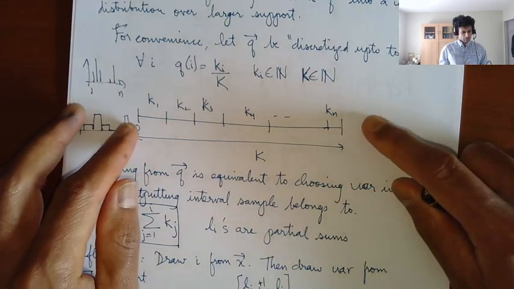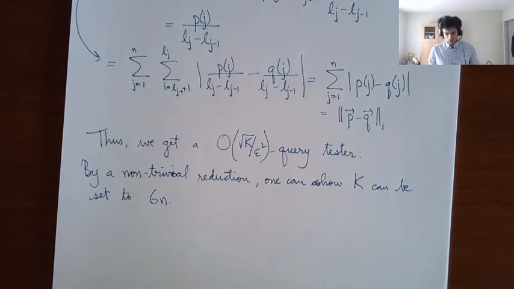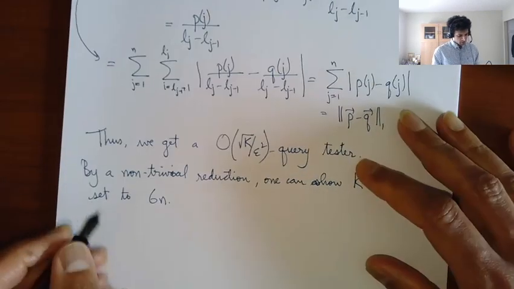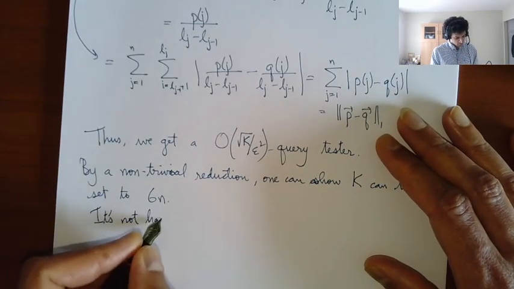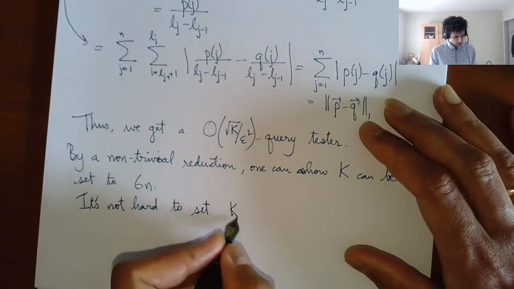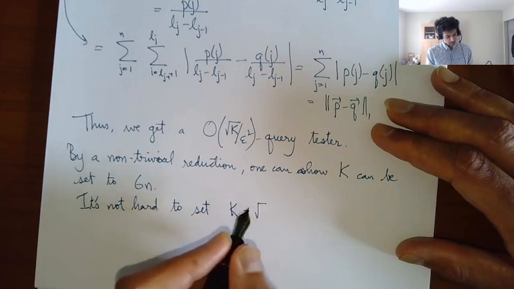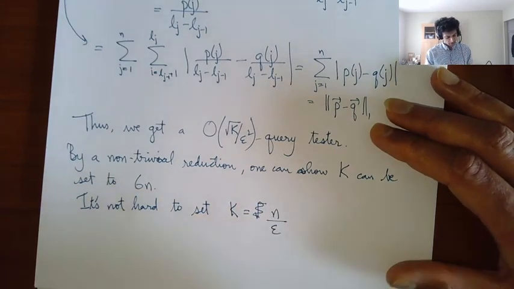As long as you understand this idea, it's not hard to see that you can set K to be something like n divided by epsilon.